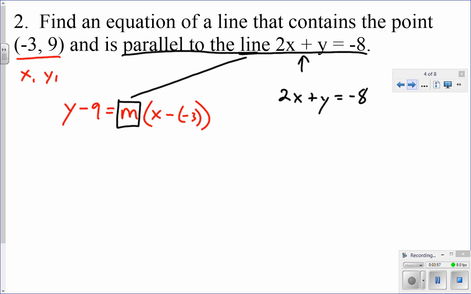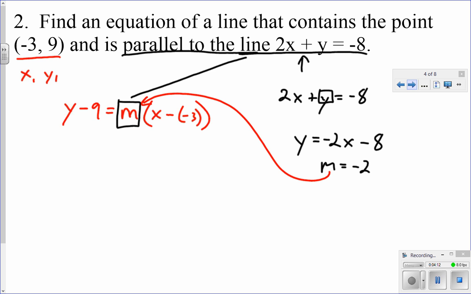So get my y by itself. So subtract 2x from both sides. I get y is equal to -2x minus 8. This slope is -2, which should also be that slope.